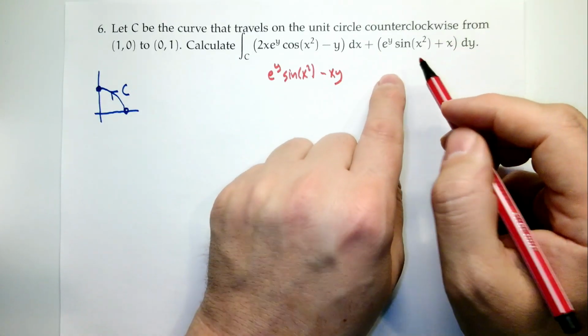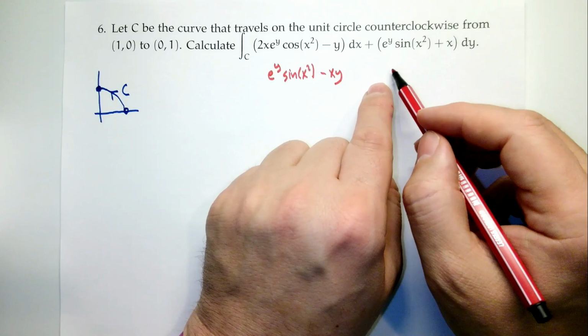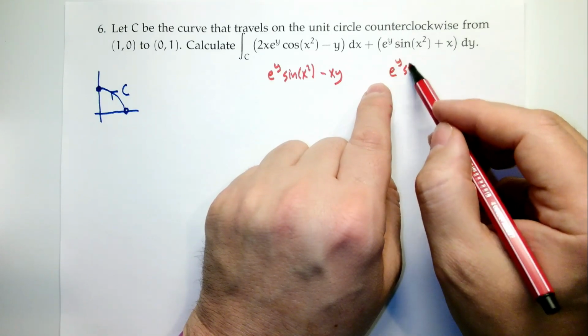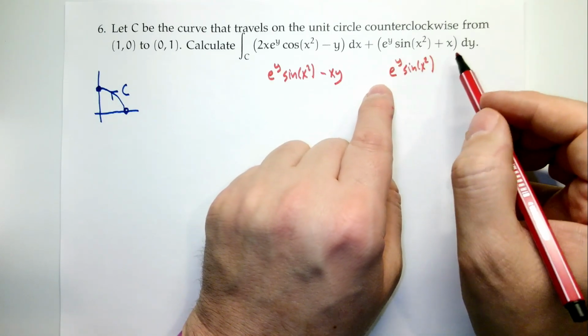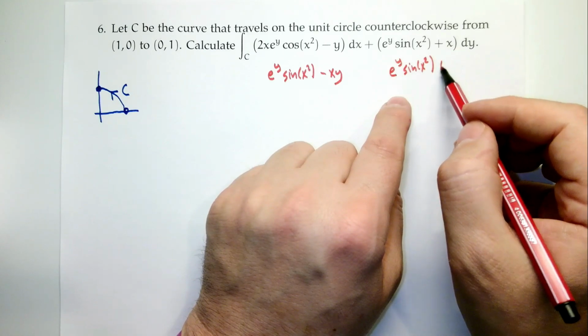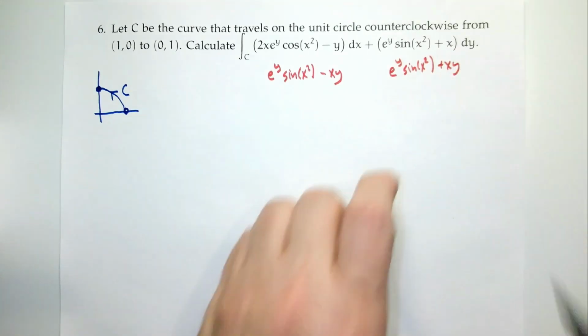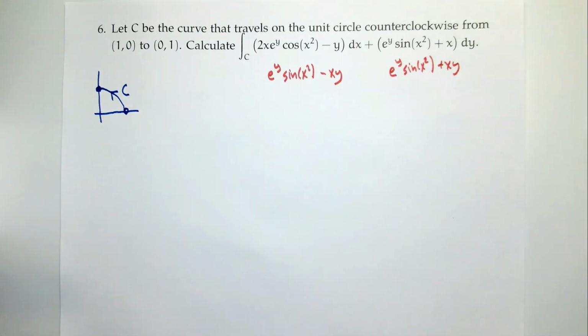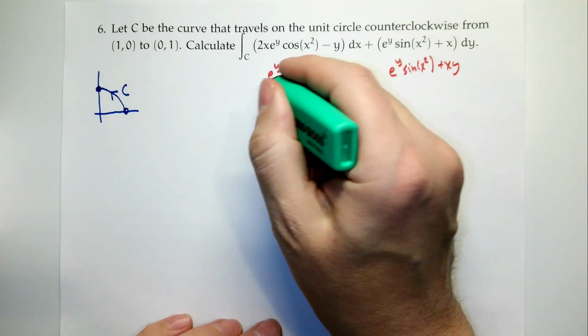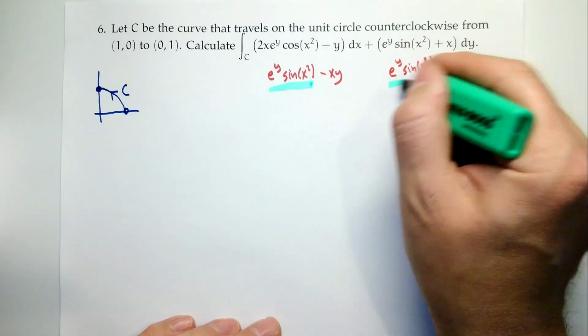On the other hand, if we took the antiderivative here, well, that's even easier. That's e^y sine of x squared. And then here, it would be plus xy. Now, good news, bad news. What's happening is that we should be seeing what the potential function should look like up to missing pieces. Parts of it are good news.